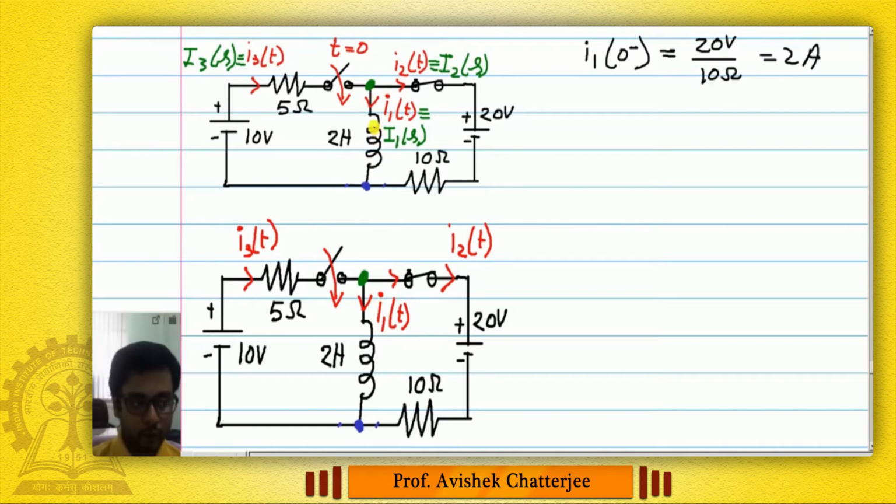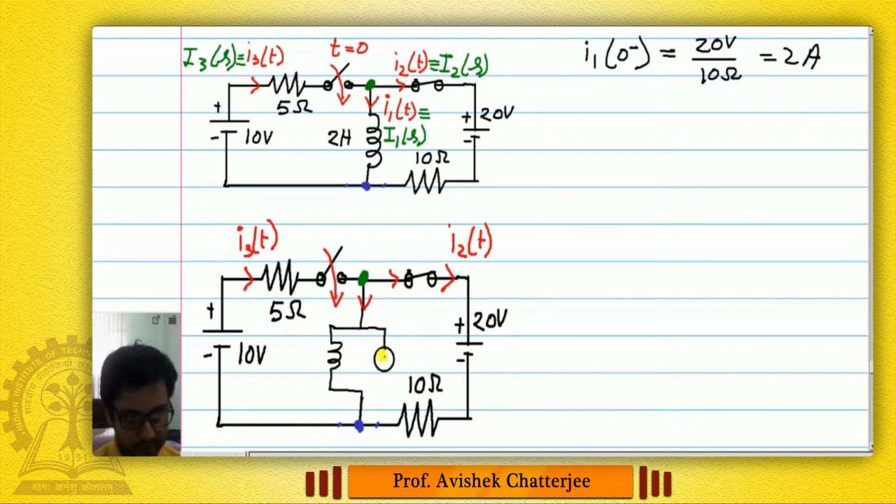To make our problem simpler, what we will do, we will replace this inductor with an initially uncharged inductor in parallel with a current source, like this. This current is I1 as before.